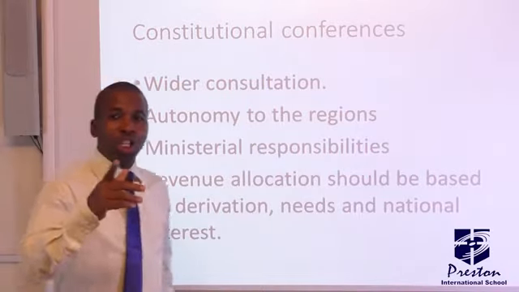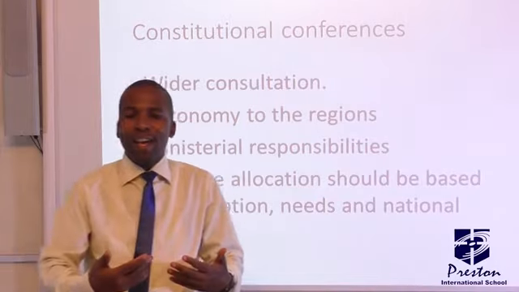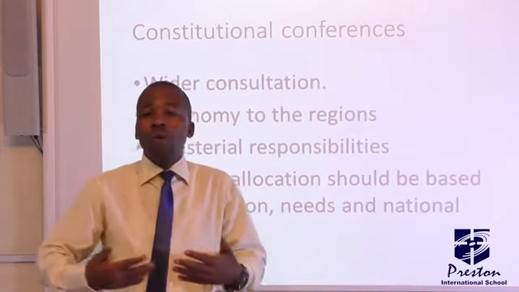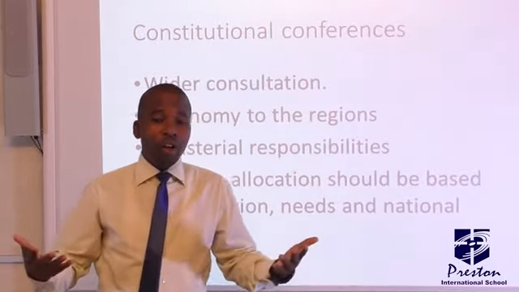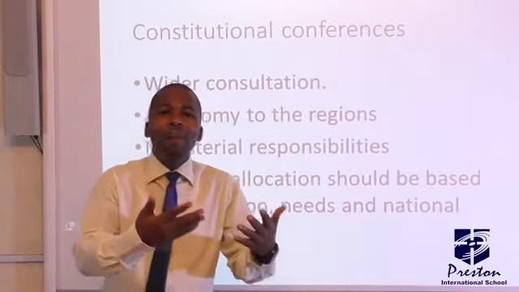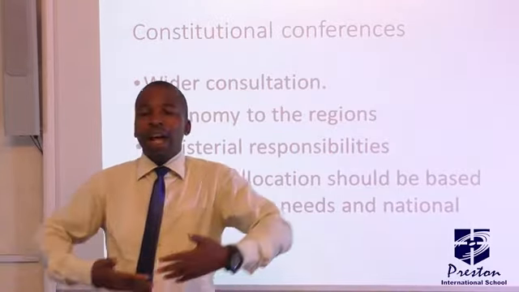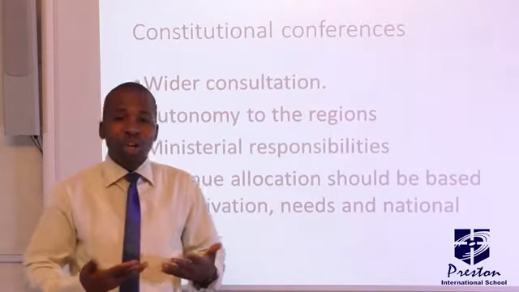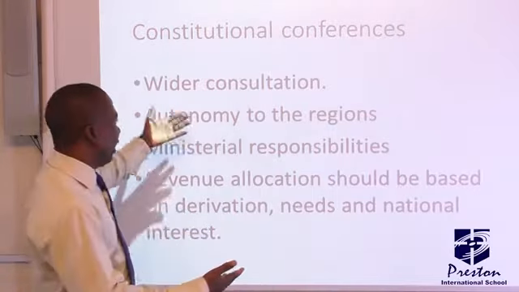At the consultation, the northern part of Nigeria expressed the fear that the southern part of Nigeria could dominate the rest of the country because they were lagging behind educationally. They expressed their fear during that consultation, and that led to these decisions.